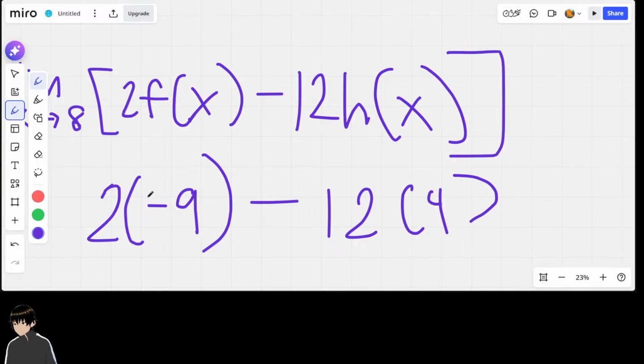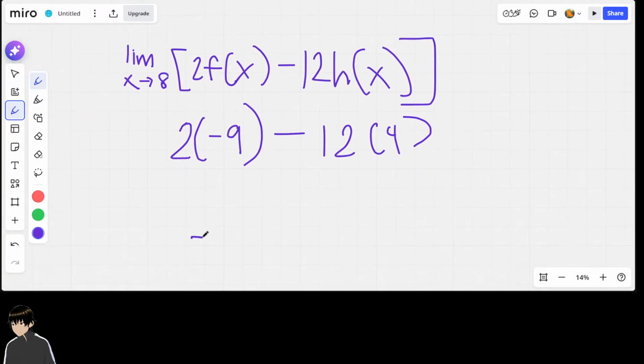I believe that's how you solve it. So that's going to be -18 minus 48.